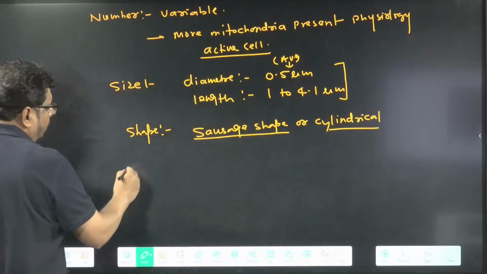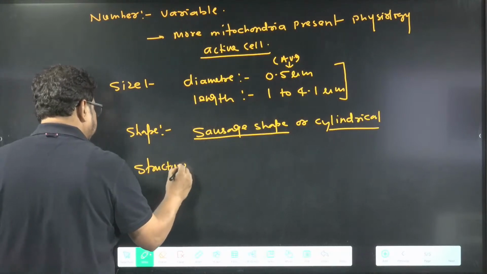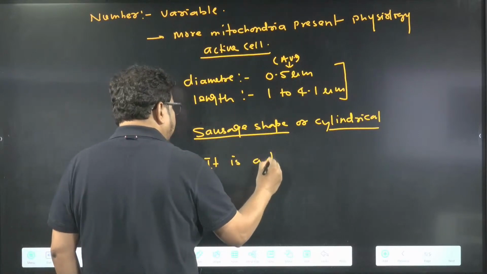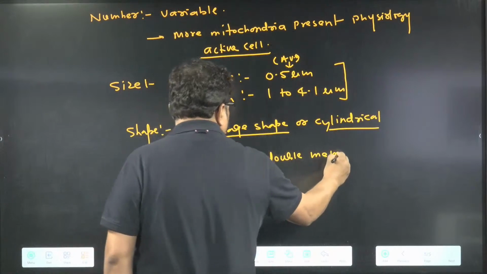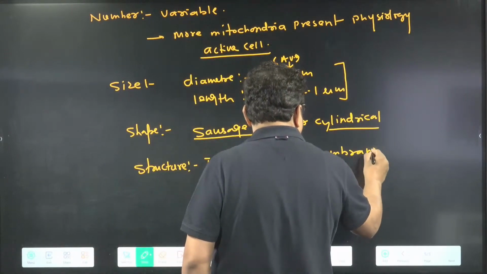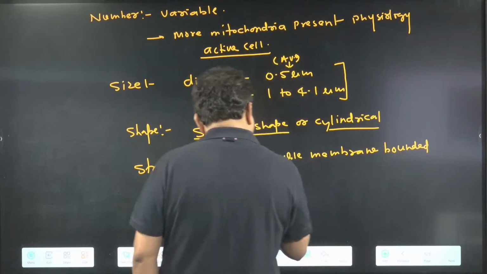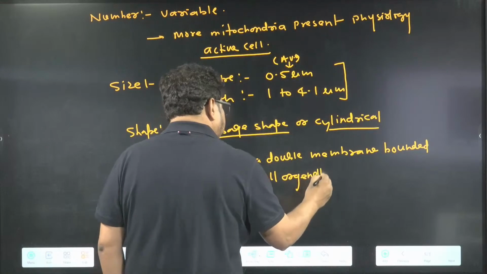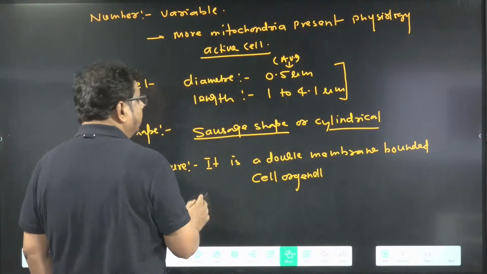Now we are going to talk about the structure of mitochondria. It is a double membrane bounded cell organelle. Now I am going to tell you about the structure of mitochondria.